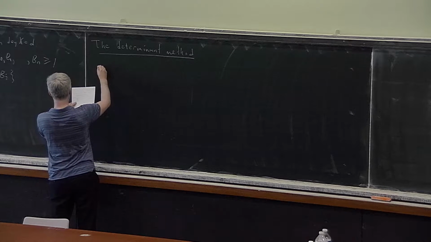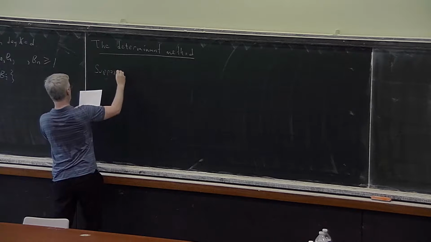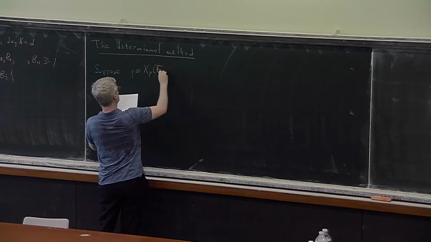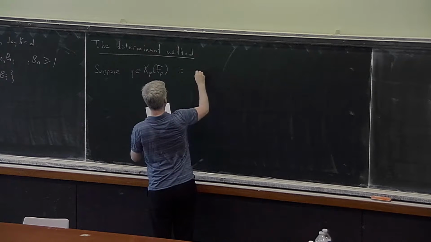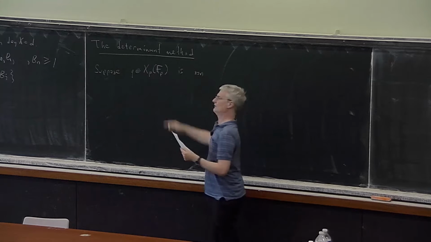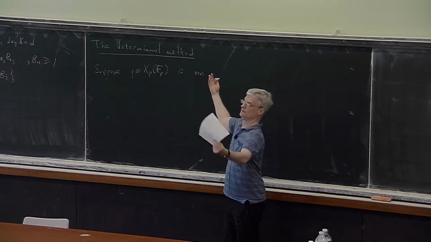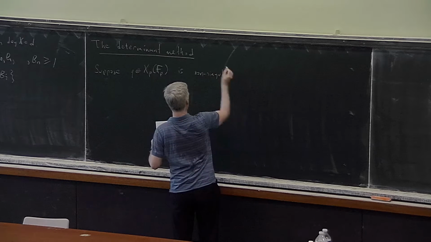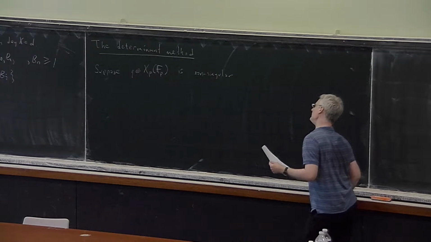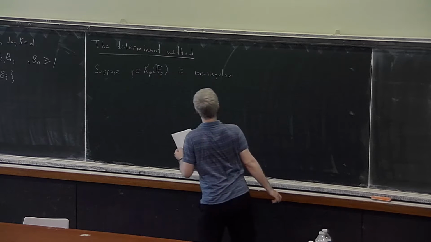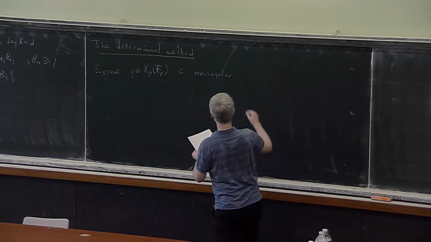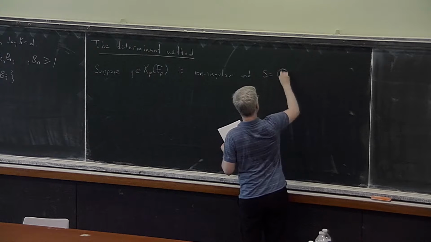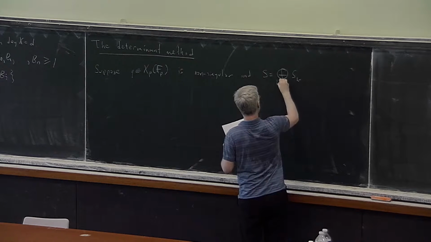So let us fix a class y in X(F_p), and suppose that this is non-singular. You can use this result for residue classes of singular points as well, but the result you get is worse. There is always an advantage, because in principle I would like to use the p-adic implicit function theorem, and I can't really do that if it's not non-singular. Then I will consider the homogeneous coordinate ring, S of k at least 0.